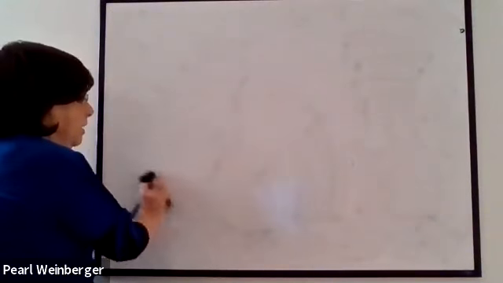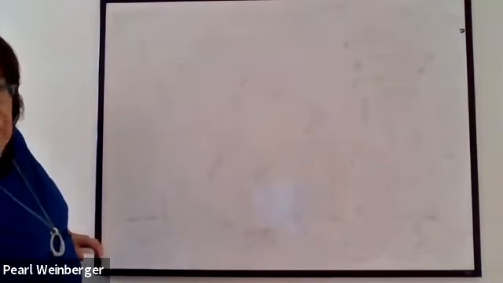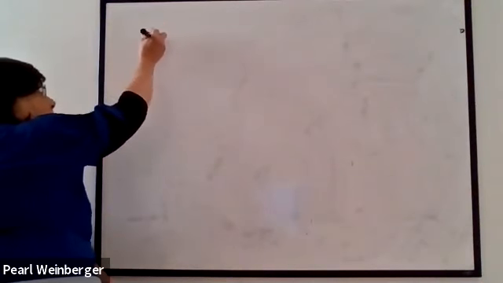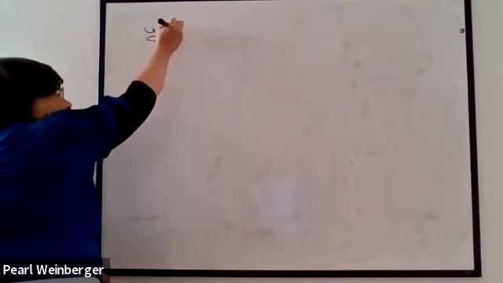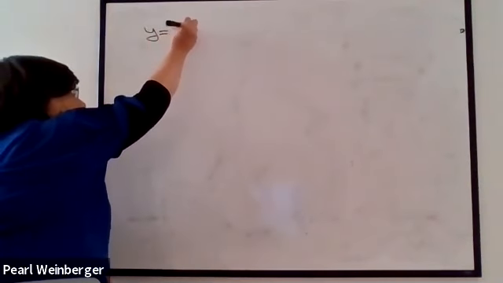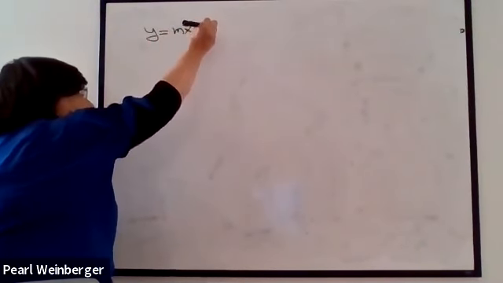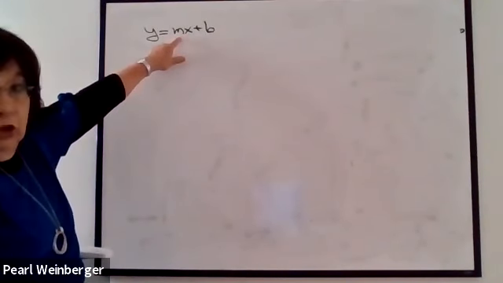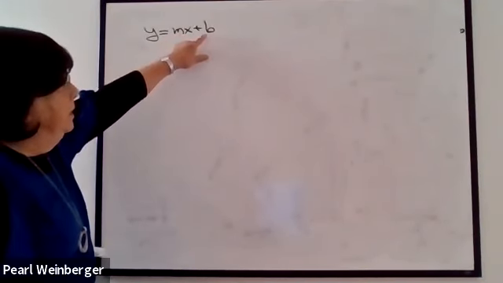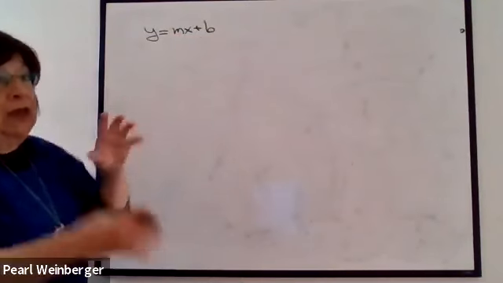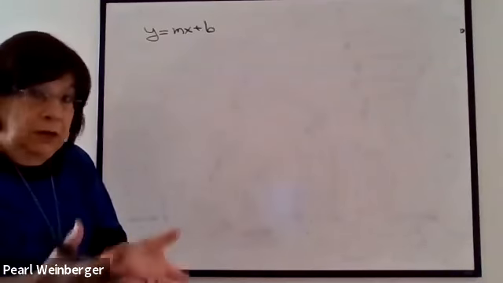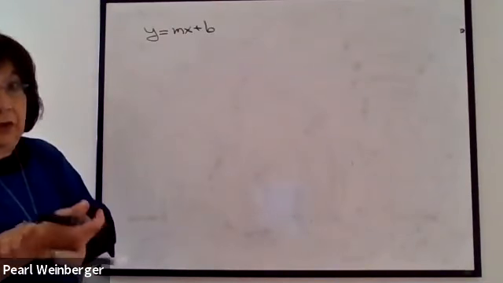Okay, and we have to remember that basically when we want to write the equation of a line, what we're trying to get is y equals mx plus b. Two important pieces of information: the m, the slope of the line, and the b, which is the y-intercept. If you know the slope of the line and the y-intercept, then you right away can write the equation of the line.